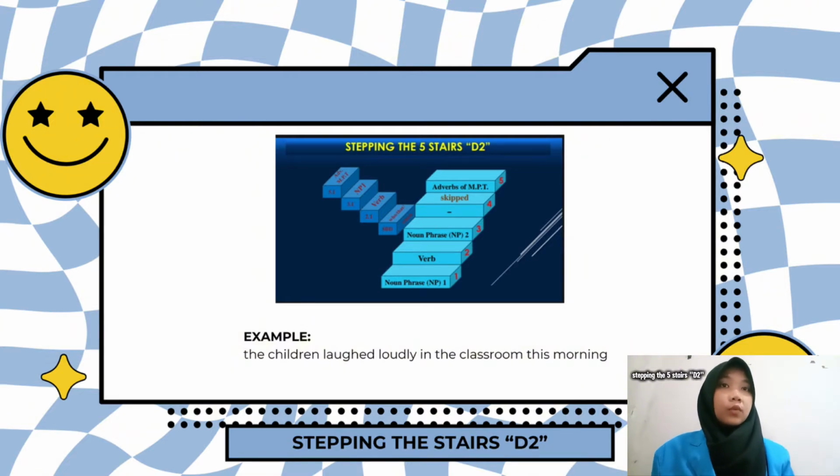You can add who, that, when, which. And then 2.1 is also verb, helping verbs. 3.1 is NP1, and then 5.1 is adverb of MPT. So we use D2 when the verb does not need an object. Okay, next slide. We move to the stairs D2.